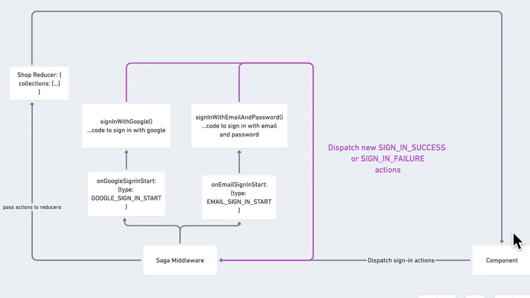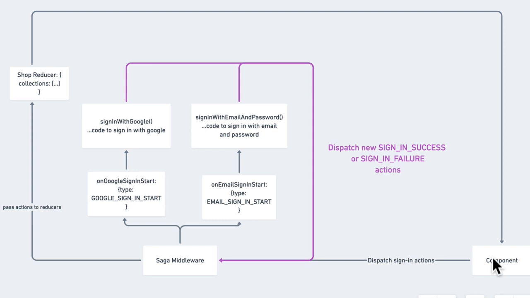We don't have that code anymore because we've moved everything into sagas. And the only time we ever dispatch these sign-in start actions is based on whether or not a user has clicked either of the buttons that trigger these actions inside of the sign-in component. On mount now for our application, we have nothing checking against the auth library to see whether or not the user is still valid in the session.